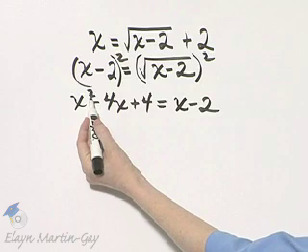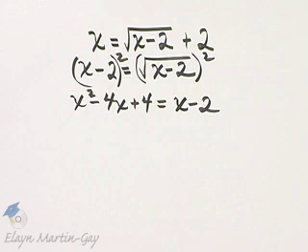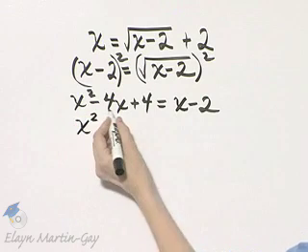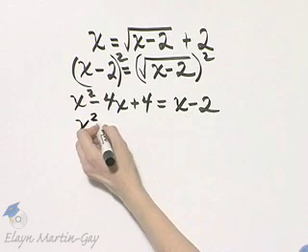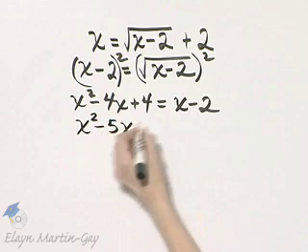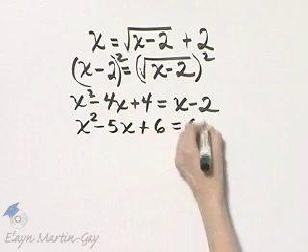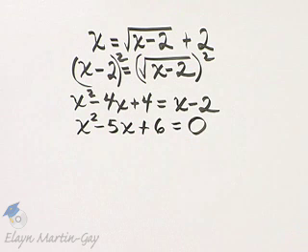We have a quadratic equation, so we will set it equal to 0 and try and solve. That is x squared, and that's negative 4x minus x, so that's negative 5x. 4 plus 2 is plus 6, is equal to 0.